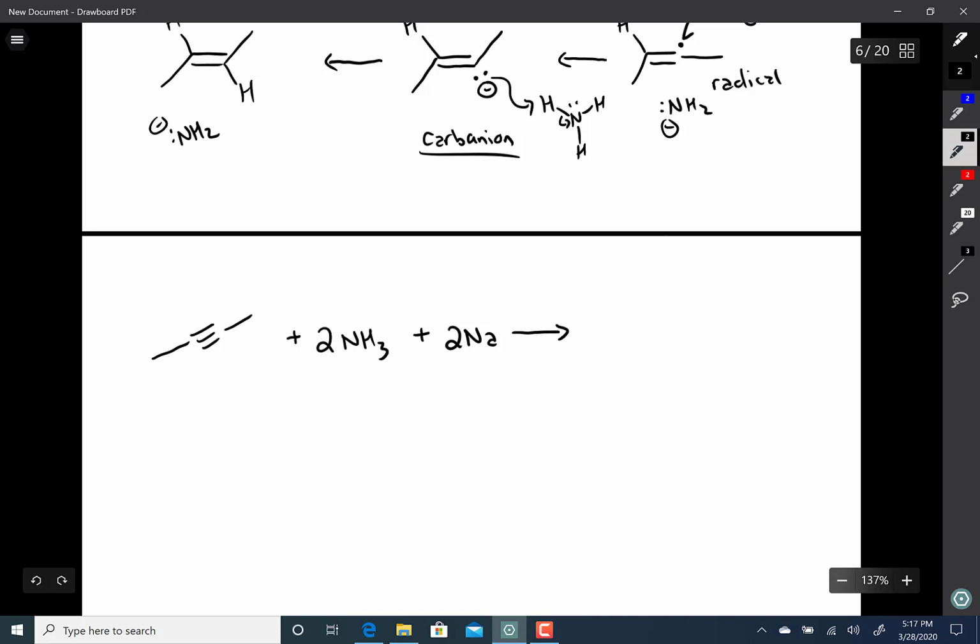And what we got out of it is this, plus 2 Na pluses, plus 2 NH2 minuses. Well, these are just an ionic compound, NaNH2.